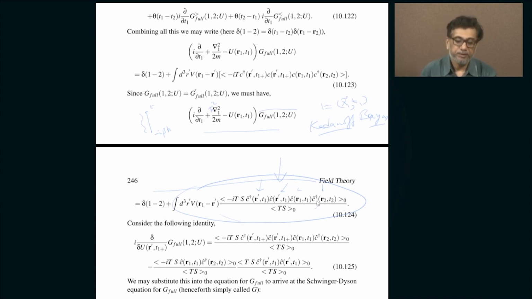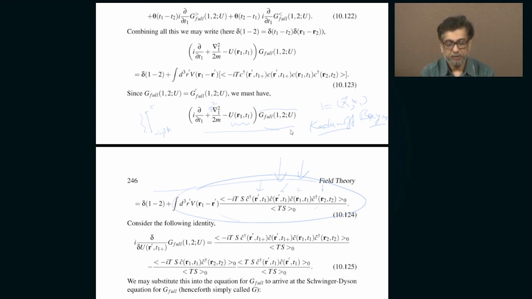So the whole point of introducing this device of an external time dependent source is to see if you can go ahead and now express this term, which involves two annihilation, two creation, purely in terms of a Green's function that has only one annihilation, one creation. So in fact, I'll show you in the next class that it is possible to do that.